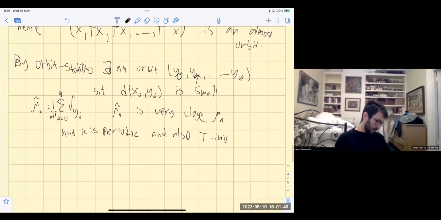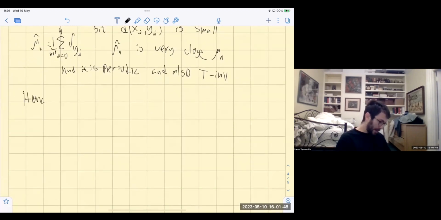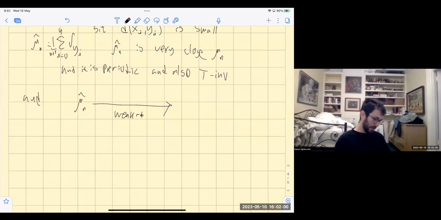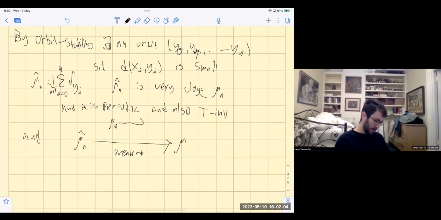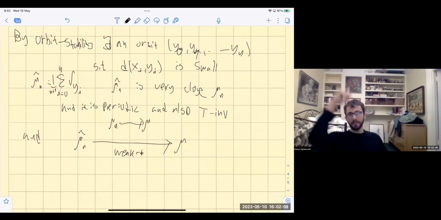So hence mu n tilde, and what's more important, mu n tilde converges in the weak star topology to mu. This is because mu n converges to mu, and mu n tilde is arbitrarily close to mu n.